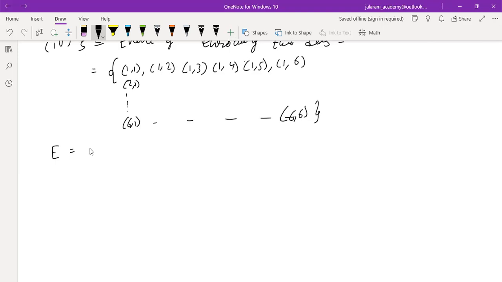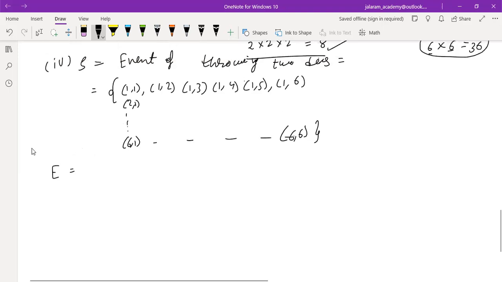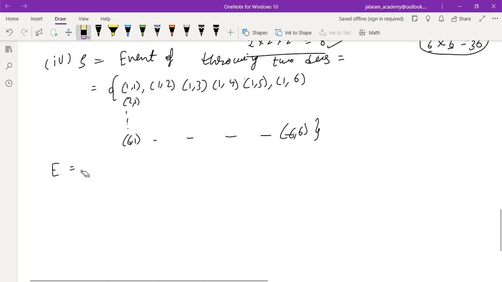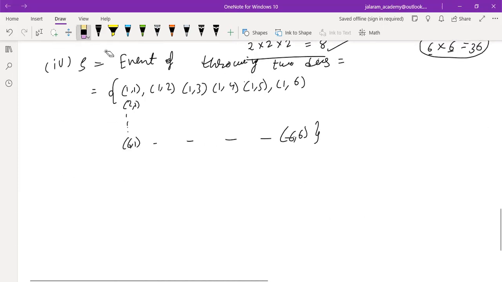Then we write E equals to the third term. First, E means an event and S means sample space. So in this theory, if we find the probability, it is denoted by P, probability of an event E. P means probability of an event E. Okay.